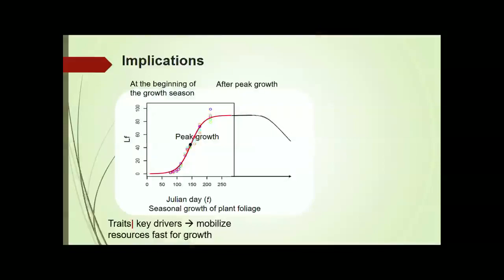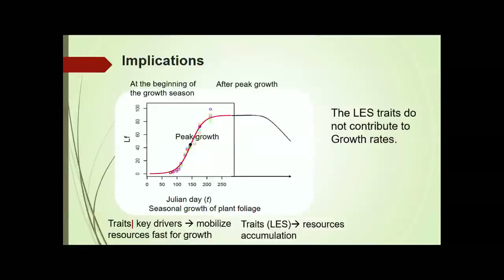And after the peak growth, the traits about leaf economics will start to work for the resource accumulation. Therefore, most of my results show the specific leaf area is not related with the two types of growth rates.